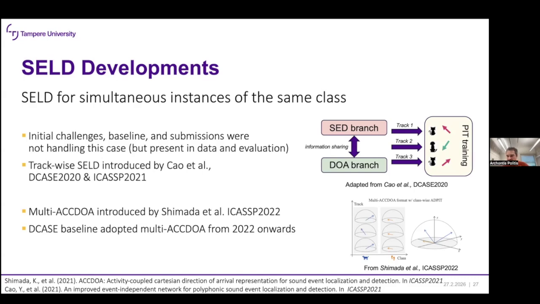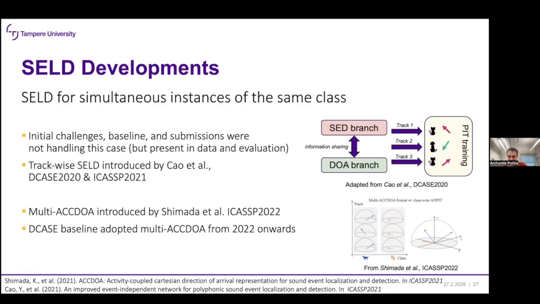If we expect to have a maximum, let's say, 5 simultaneous sounds of interest at any given time. There you still have association problems to solve like in traditional multi-source localization. So these were trained with permutation invariant training techniques.